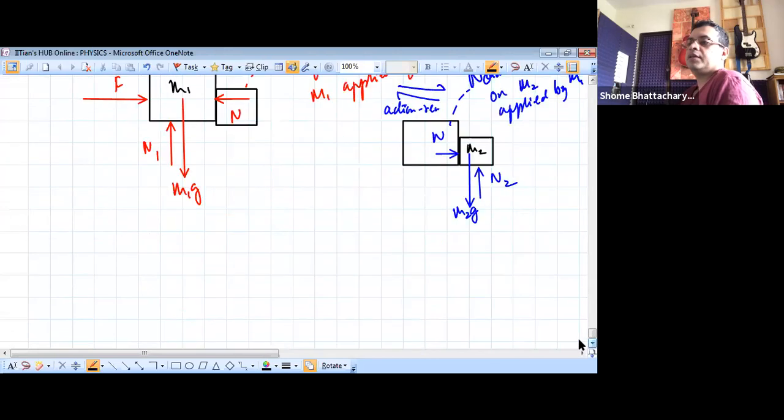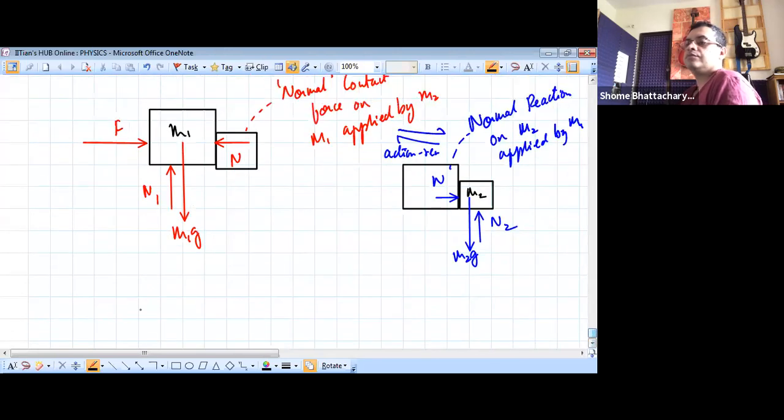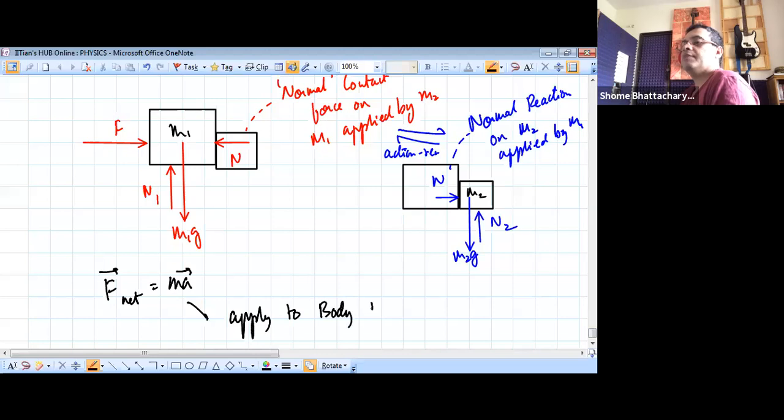So when you apply Newton's second law, net force is equal to mass into acceleration. Okay. Now apply this to body M1. So in M1, what is happening?